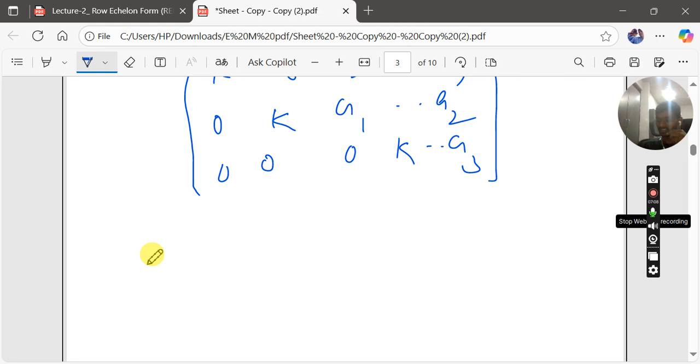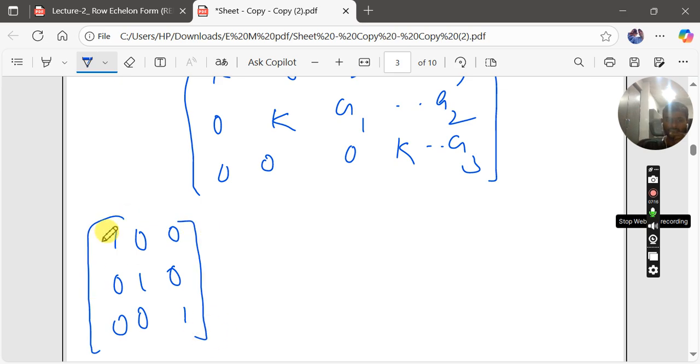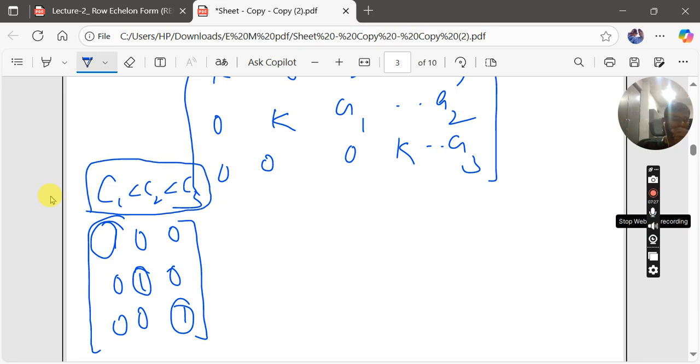Let's say we're having the matrix 1 0 0, 1 0 0, 0 1. You can see here all leading coefficients start with some scalars. Okay, and again it is satisfying the strictly right property. It means the upper triangular property.